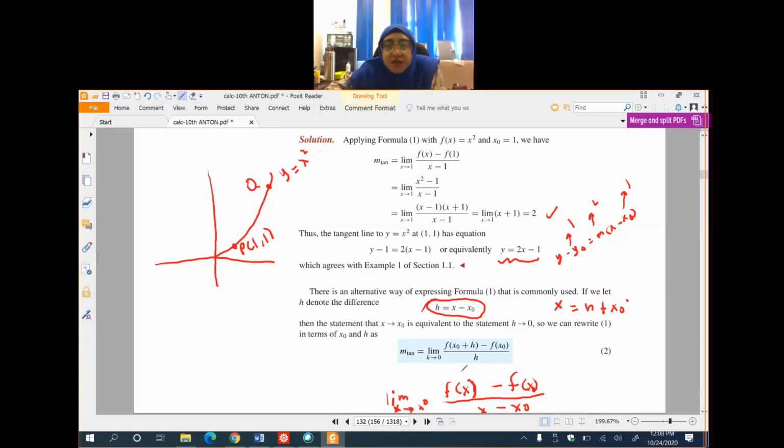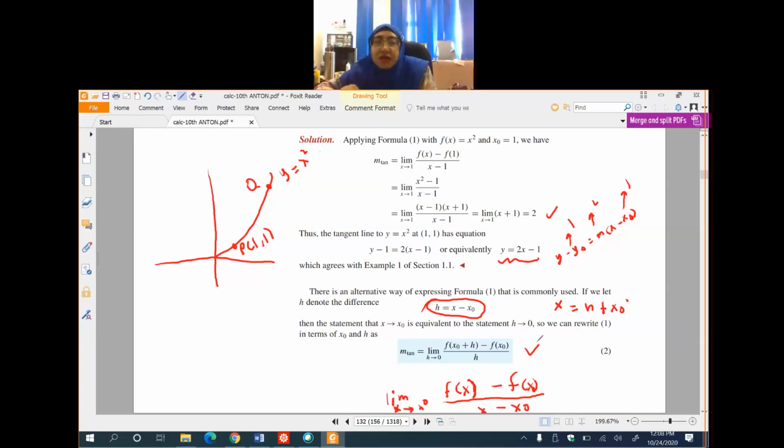So that's why for this part here, it can be written as f of x naught plus h. And then for the second part, negative f of x naught stays because we want to get rid of x. And then you divide with x minus x naught. X minus x naught is h. So that's why you got this second formula. The second formula is just the same as the first formula.